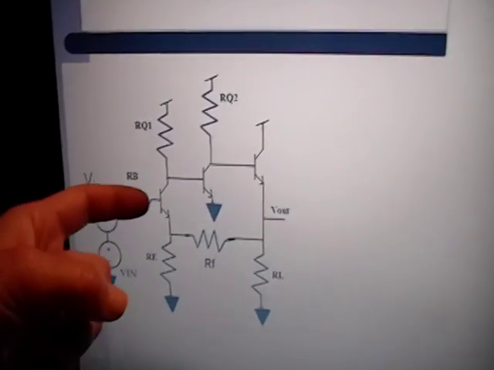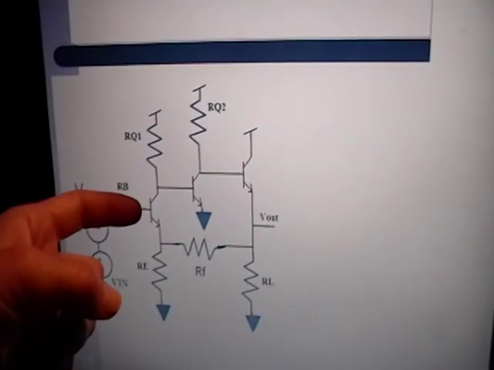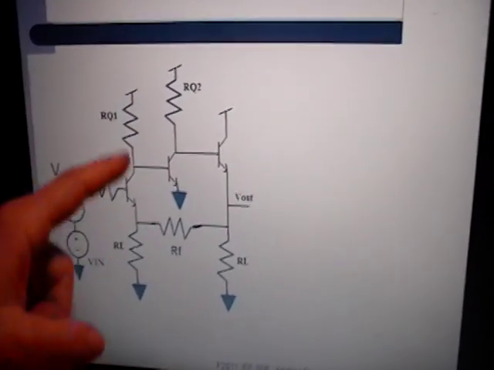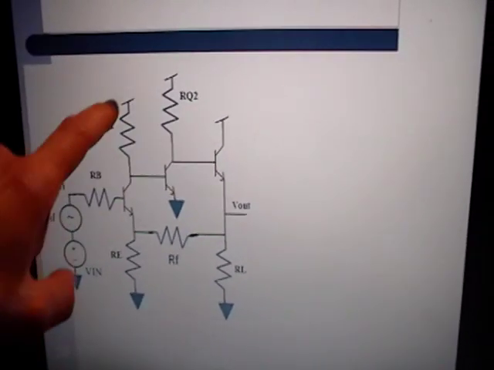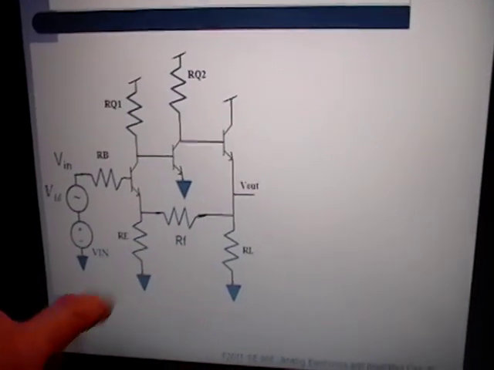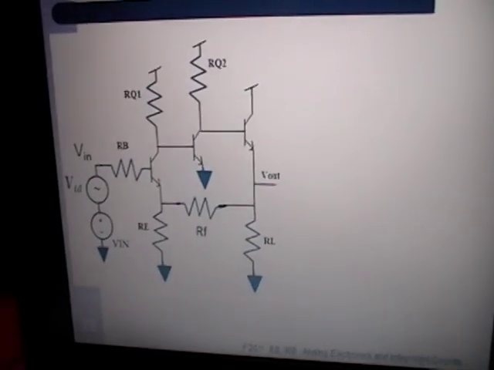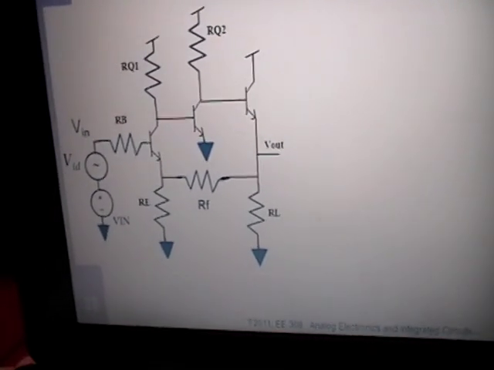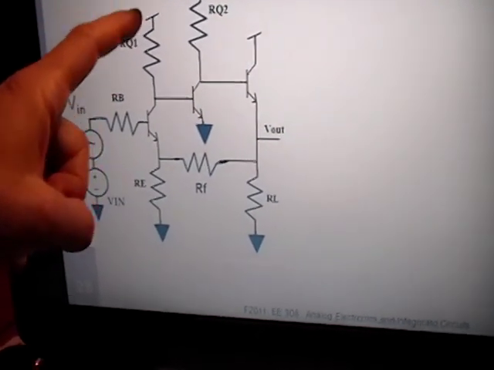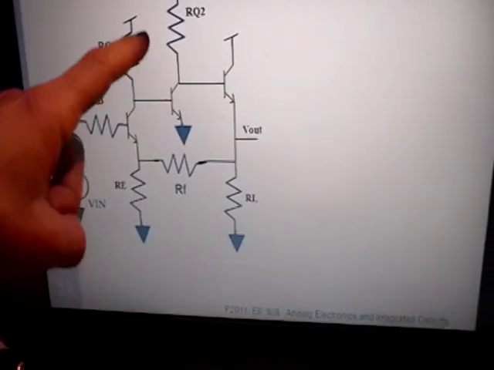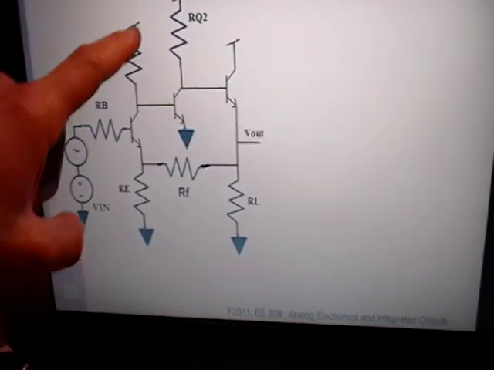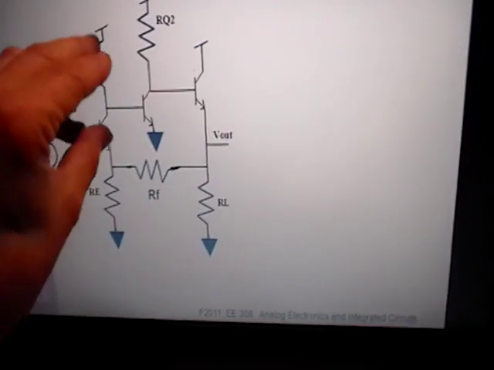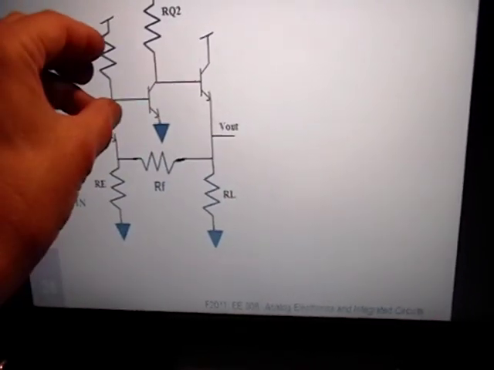Okay, so what you do is you go to the input and you say, okay, I'm going to look for a vanilla amplifier, and this first stage right here, first you have to identify it, and I see a common emitter with emitter degeneration, but emitter degeneration is not the vanilla version of that amplifier. Common emitter is the vanilla version. So what I do is I draw a circle around just the common emitter part, not the degeneration, just the common emitter part. Okay, so that is going to be part of our feed forward, our small AV amplifier.